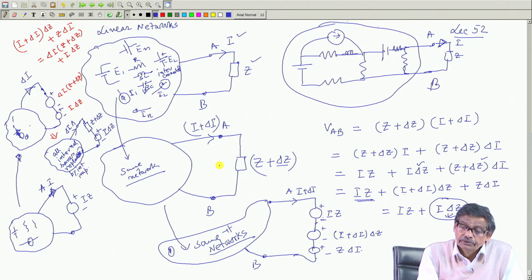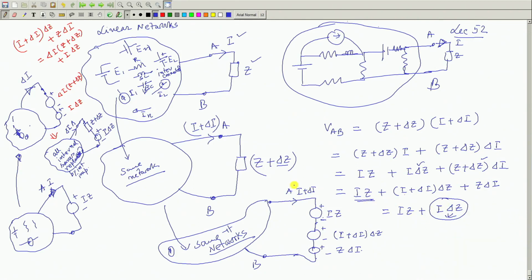What did I do? There are how many sources present? All internal sources are present, there is no source here. But when you change this impedance to Z plus delta Z, the voltage drop between A and B should be this current into this impedance. Now, this can be expanded in the way like that.